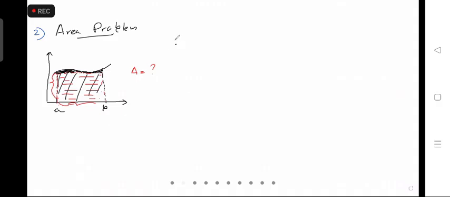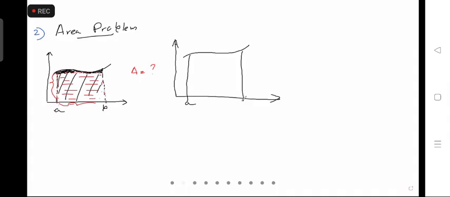Then what I am doing here: same curve, same boundary. I will divide it into several rectangles.